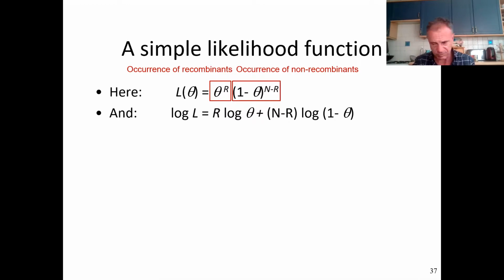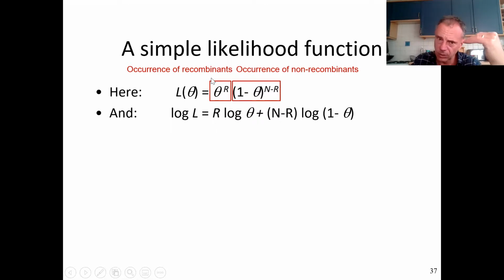The probability of observing the first one is 1 minus theta, and then the second one, 1 minus theta. We multiply those all together, 6 times, n minus R times. So the formula for the likelihood of a particular number of recombinants and non-recombinants is theta to the R times 1 minus theta to the n minus R.